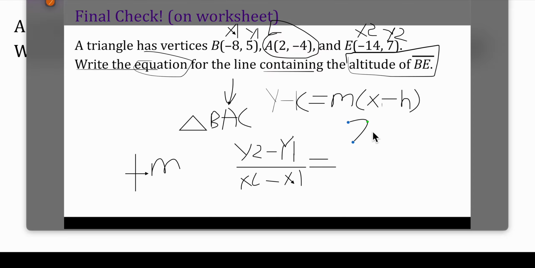So 7 minus 5, and then we see x2 is negative 14, and negative x1, which is negative 8 in this case.